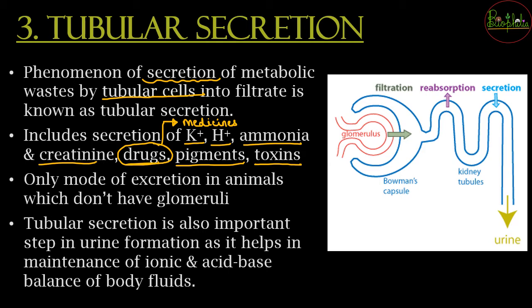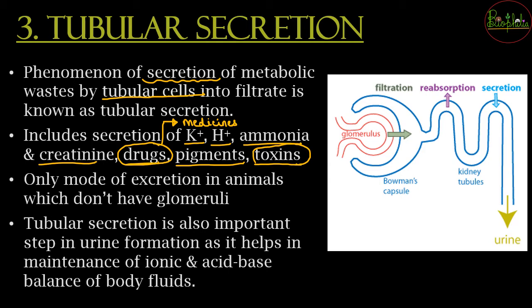Similarly, some toxins can also be thrown out, and because of urine sampling or urine collection, people can understand what sort of drugs were consumed or what sort of toxins had been ingested in the human body. So that is the one thing that you can understand from the drugs and the toxins which are going to be secreted by these tubular cells.